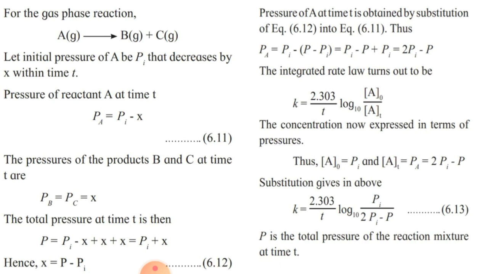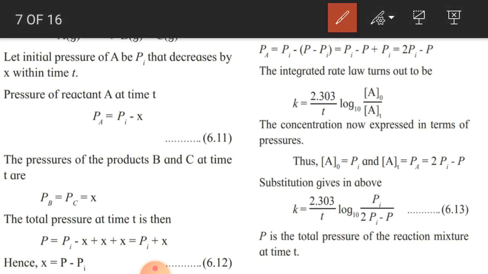Let us rearrange the equation. As we rearrange the equation, X will be equal to P minus Pi. So students, P is equal to Pi plus X; we rearrange the equation and get the value of X. X is equal to P minus Pi.